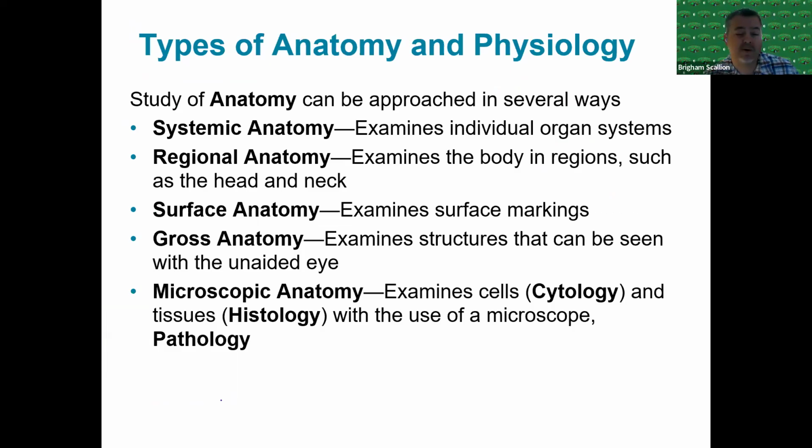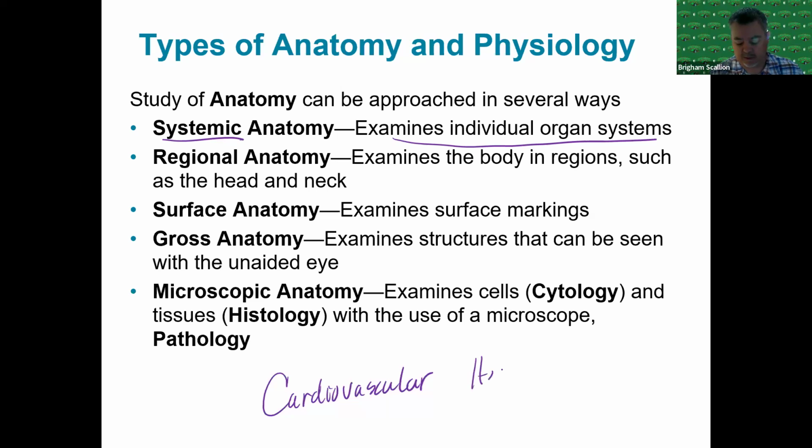Well, there are several different ways we can study anatomy. We can study the human anatomy by system. This examines individual organ systems, like the cardiovascular system, which is the study of the heart, blood, and blood vessels.